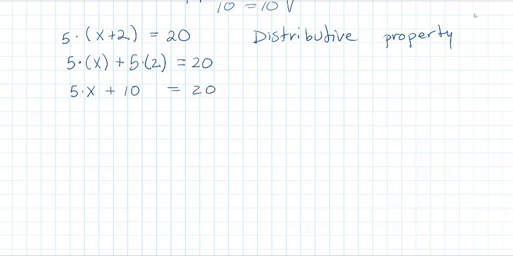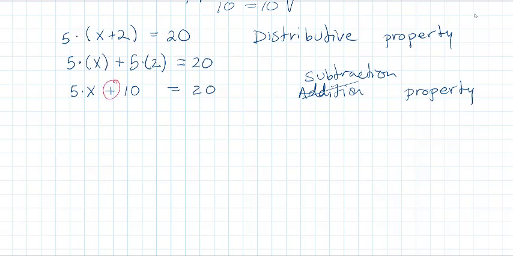We can simplify further now using the addition property of equalities, right? Actually, it's not the addition, it's the subtraction property, because we're looking at the inverse to plus 10. What is the inverse to plus 10? It'll be minus 10.